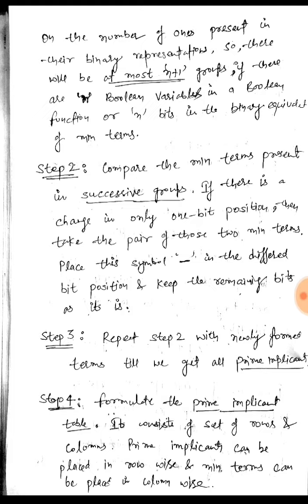There will be at most n plus 1 groups if there are n Boolean variables. Let's say there is a 4 variable expression, that is x, y, z, w.